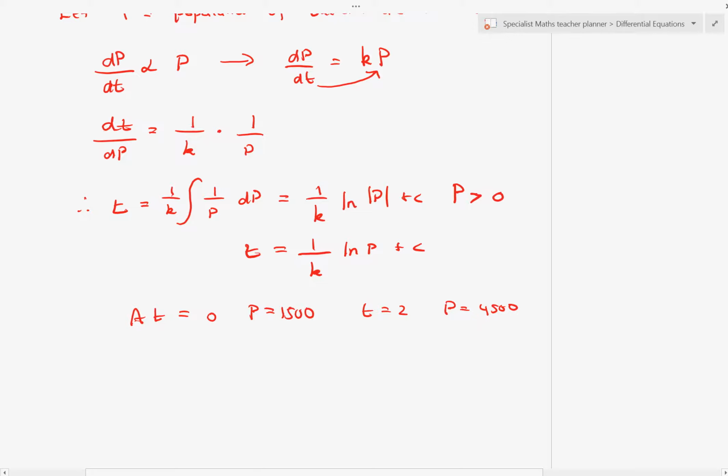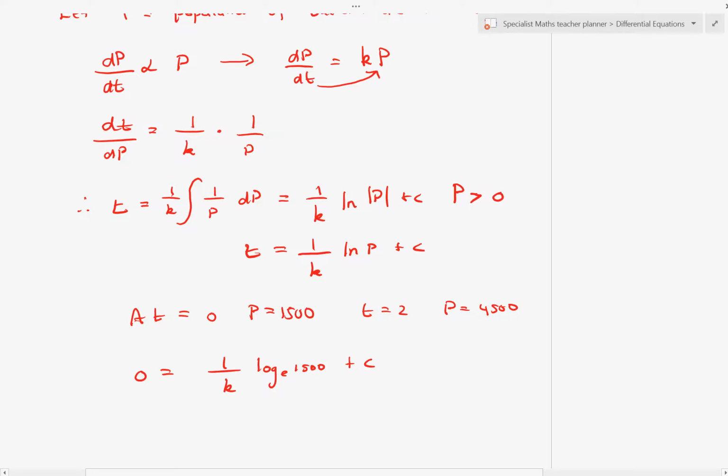Now, just for argument's sake, I'm going to use the nice value of 0. t equals 0. So what we've got is 0 is equal to 1 over k log to the base e of 1500 plus c.